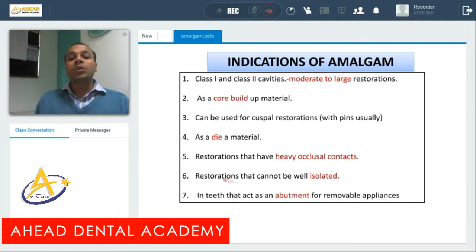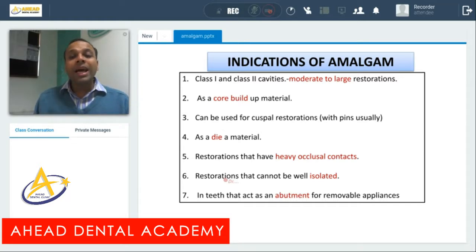So wherever we are not able to maintain isolation, in those areas we cannot do composite. However, while doing amalgam we should ideally maintain isolation, but amalgam is not a hydrophobic material. So where 100% isolation cannot be maintained, we can use amalgam in those areas.